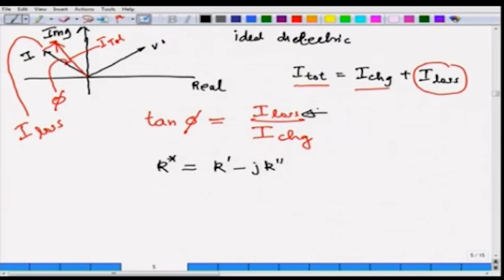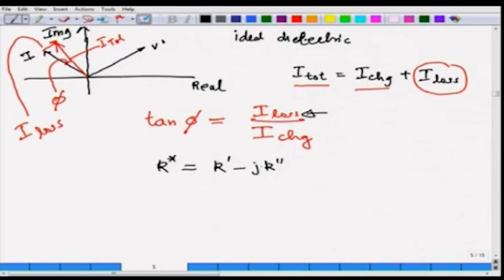The charging current, which is for the ideal dielectric, was connected to this k prime. If we use this, we will still be able to work out what I have explained through a charging current in a capacitor. Let us now do it in a more generic fashion as to what this loss term is. If the capacitor is perfectly ideal, then we know what this is. But where does this come from?